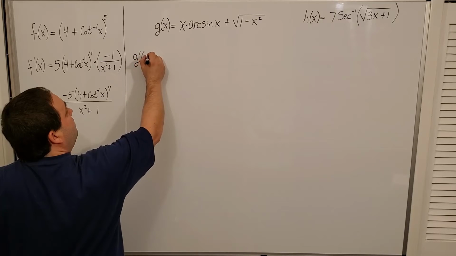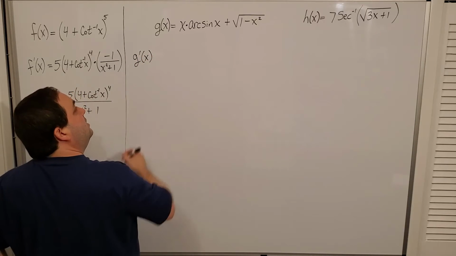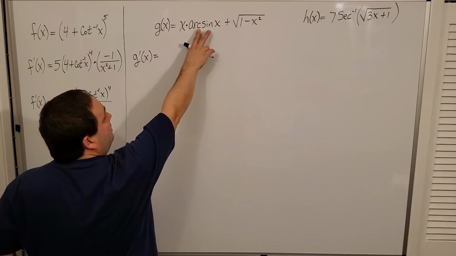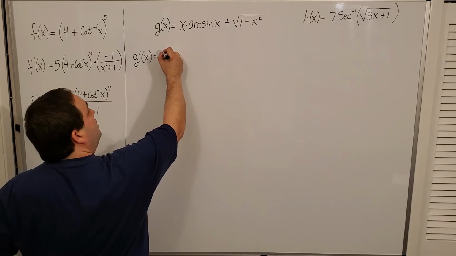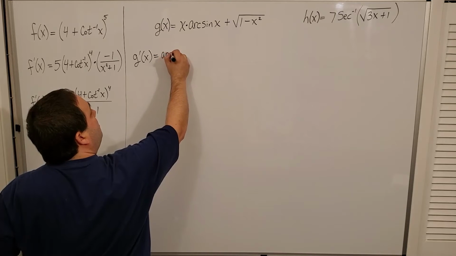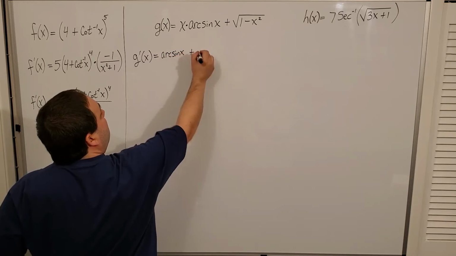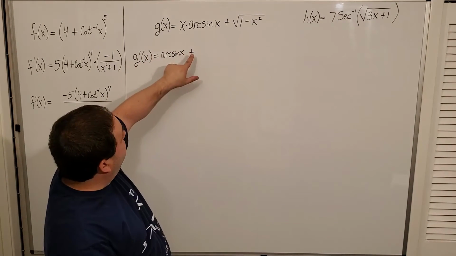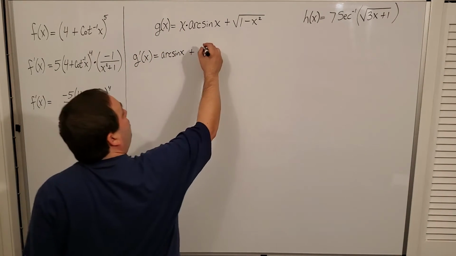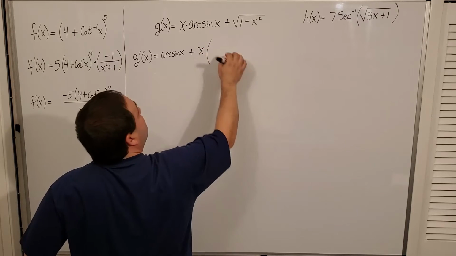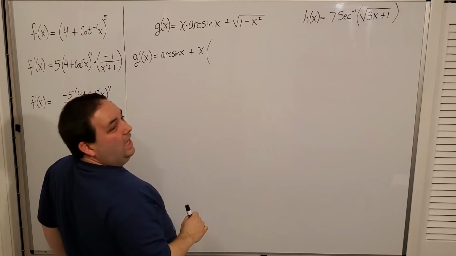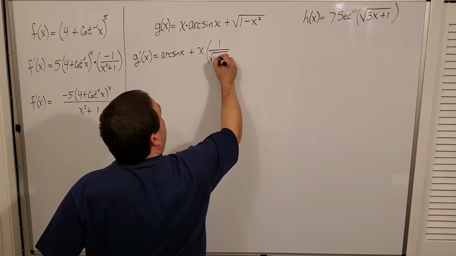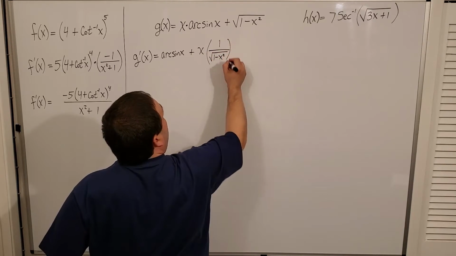G prime of x is going to be equal to, I'm going to take the derivative of the x, leave the arc sine alone. So that's going to be arc sine of x plus, because derivative of x is 1, plus, leave the x alone, times derivative of the arc sine. I've got 1 over square root of 1 minus x squared.